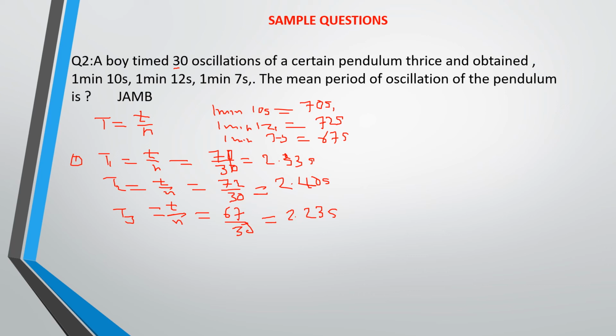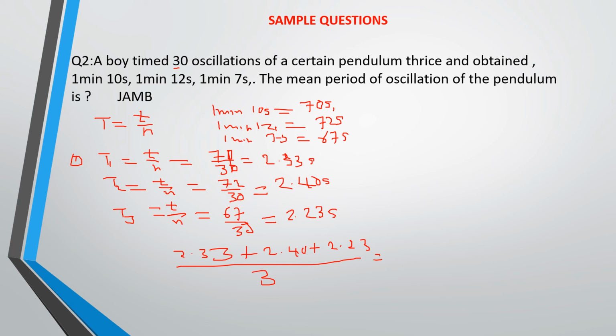So now what you need to do is find the mean period of oscillation of the pendulum. You find the mean of these numbers, which means you add them up and divide by 3, since there are 3 sets of experiments. So you have 2.33 plus 2.40 plus 2.23, all divided by 3.